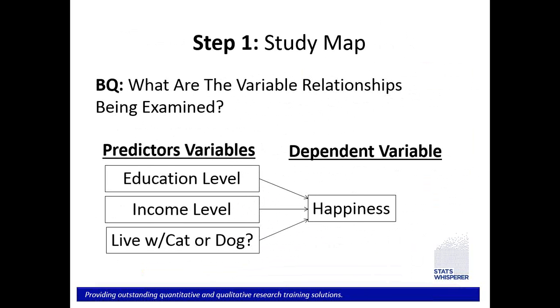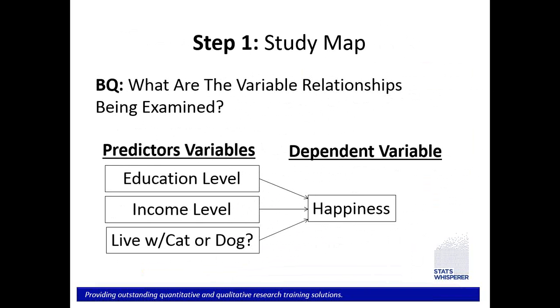So step 1, the study map. We clearly mapped out the variable relationships we were going to examine. And you might not actually see this in a published article, but based on the description of what the study is, you should be able to fill in these boxes pretty easily. So in a good article, we should be able to identify the predictors, hopefully the covariate variable is an independent variable, and we should be able to identify the outcome variable or dependent variable being examined.